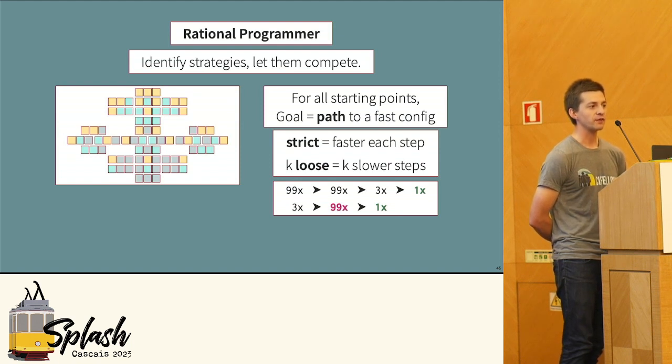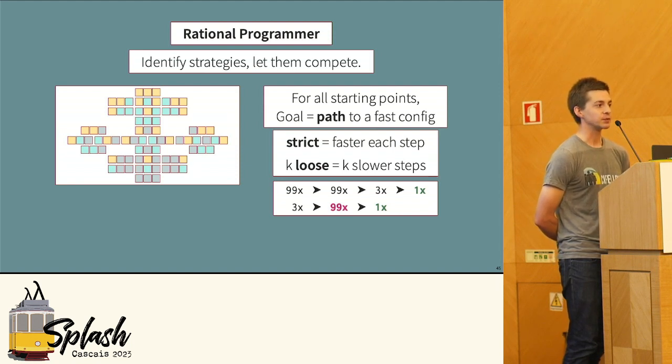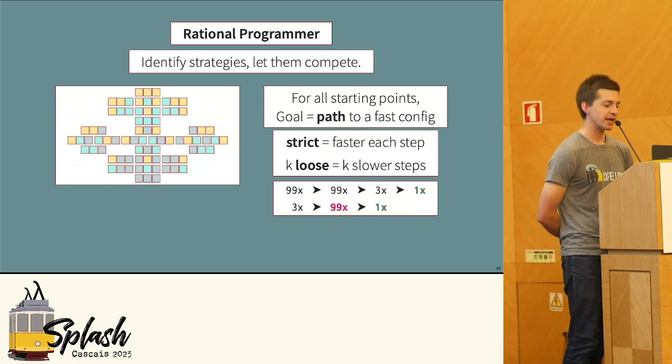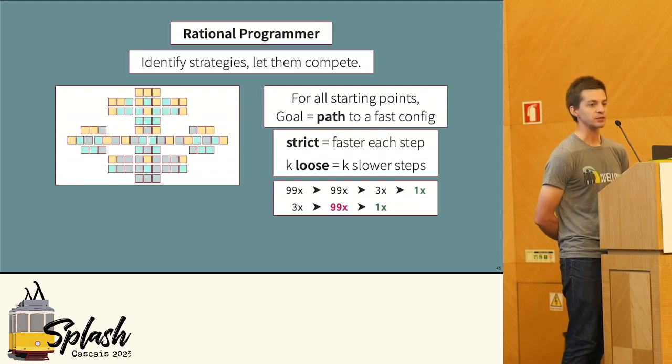Performance could start off very slow, 99x, stay very slow as long as it gets no worse, and then if we finally get to a 1x configuration, that was a strictly successful path. We'll also loosen that to allow a certain number of slowdowns along the way. So if I start at 3x, bump up to 99x by following the profiler, but then eventually get to 1x, that's successful in the loose sense.